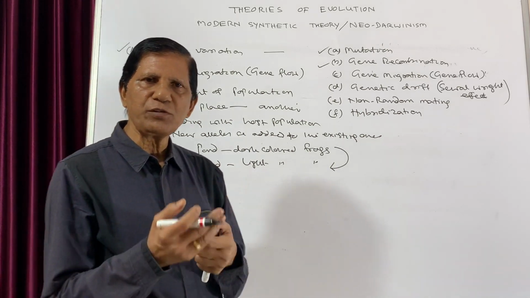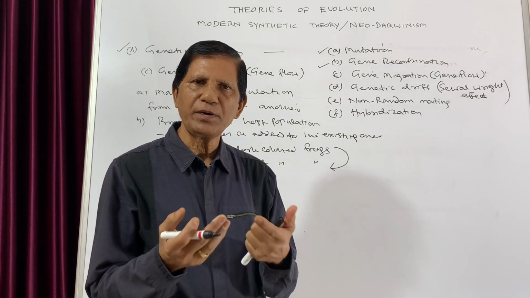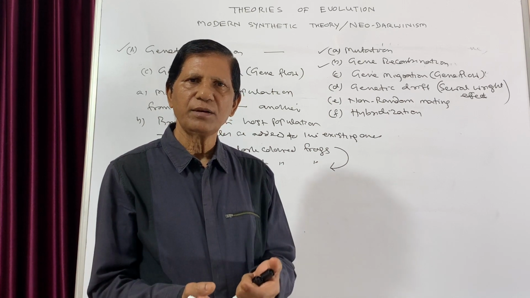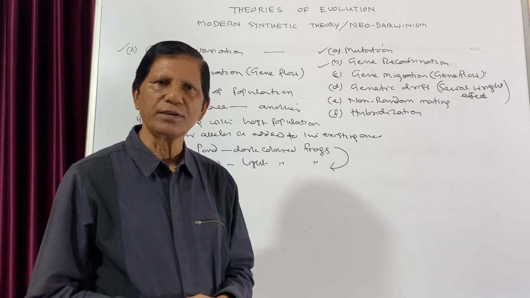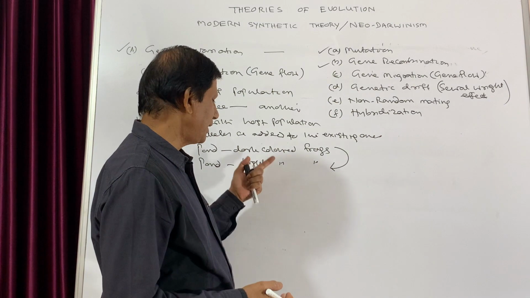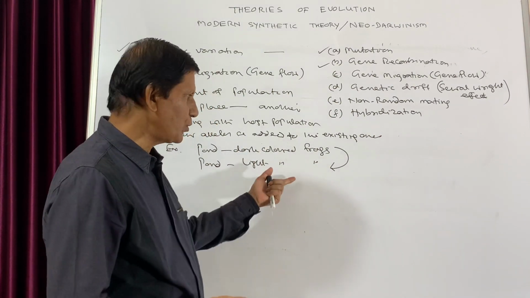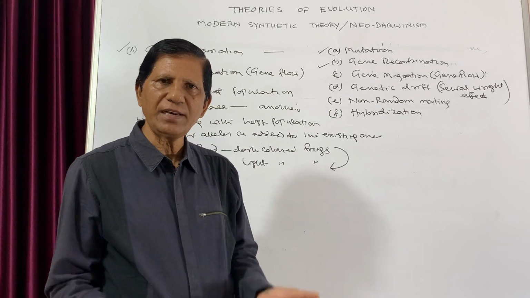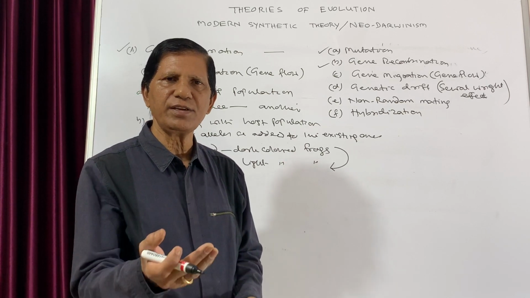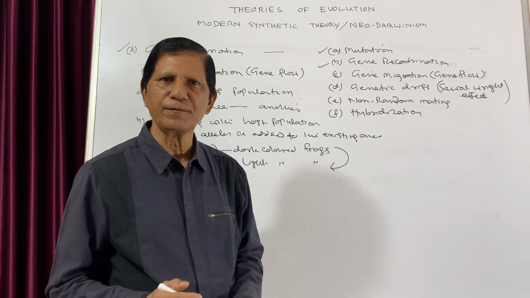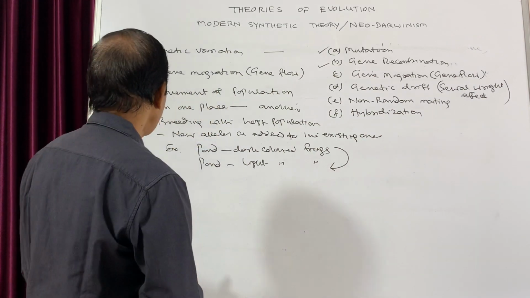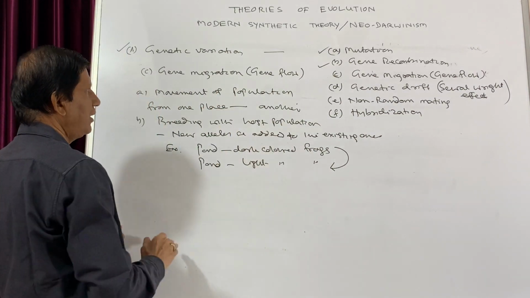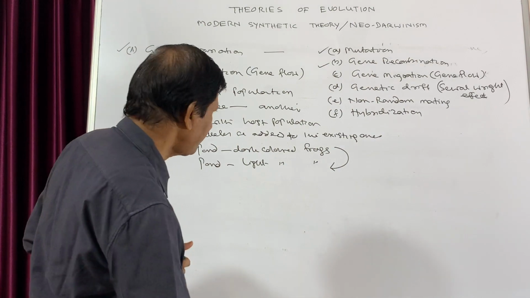Now when the offspring are formed, they will have completely different alleles from the original population, and the genetic makeup of the host population will now change. There will be addition of new alleles which will create a variation, and that will lead to evolution. So this is known as gene migration or gene flow.